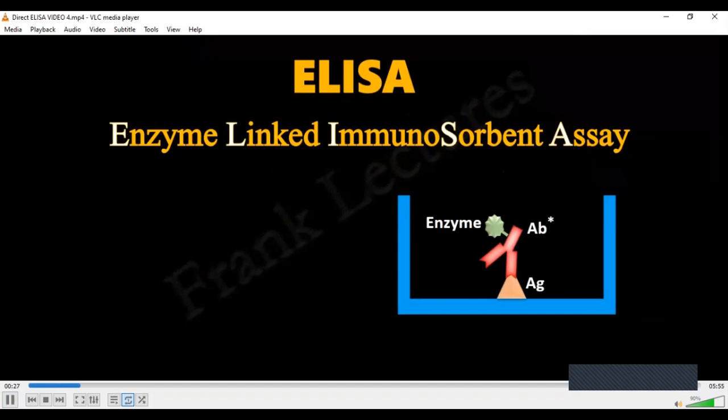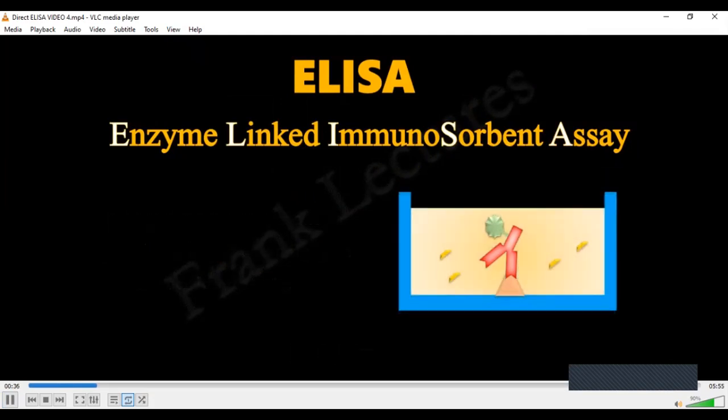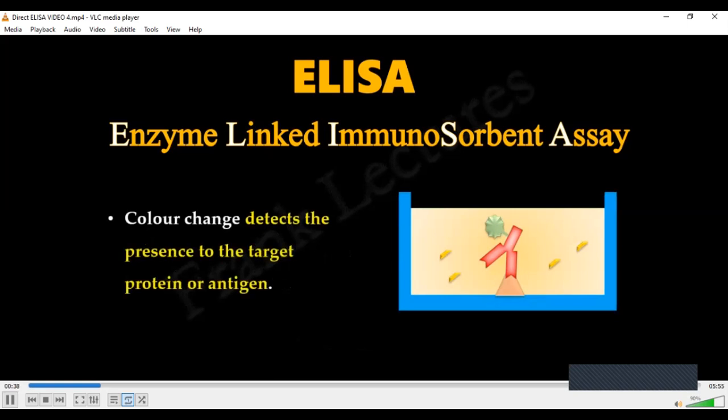Recall that reporter enzymes produce a color change when the enzyme reacts with its specific substrate. Thus in ELISA, color change is used to identify a substance. This assay is used for the detection and quantitation of substances, such as peptides, proteins, antibodies, and hormones.